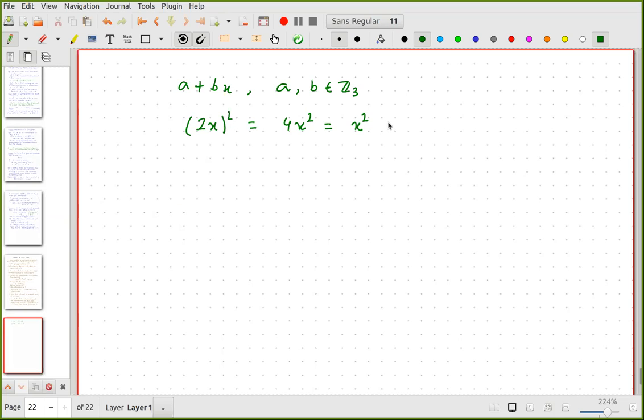And x square, we are also going to read modulo the polynomial x square plus 1, so this is just minus 1. And minus 1 is 2 modulo 3.